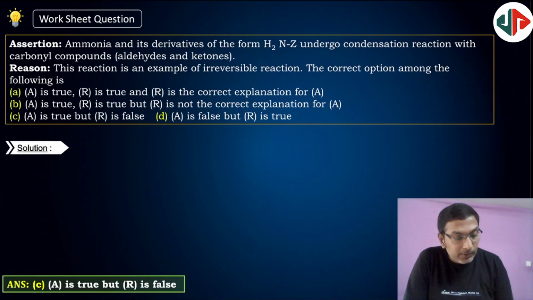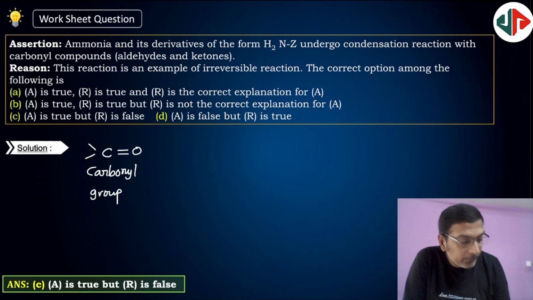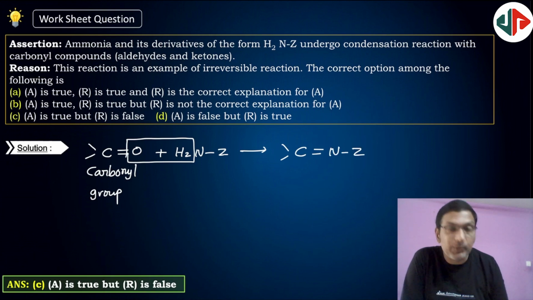Next. Ammonia and its derivatives of the form NH2Z undergo condensation reaction with carbonyl compounds. That is correct. The carbonyl compound, C double bond O, this is the carbonyl group, reacts with an ammonia derivative and results in the formation of C double bond N Z compounds.